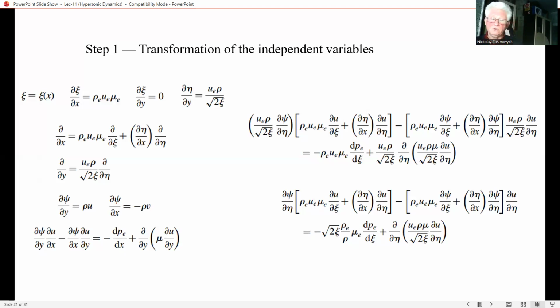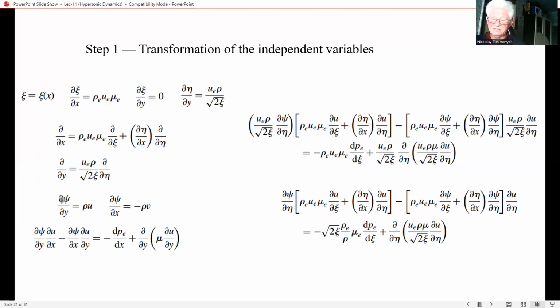From the chain rule of differential calculus, we have expressions for d/dx and d/dy on the left side of this slide.